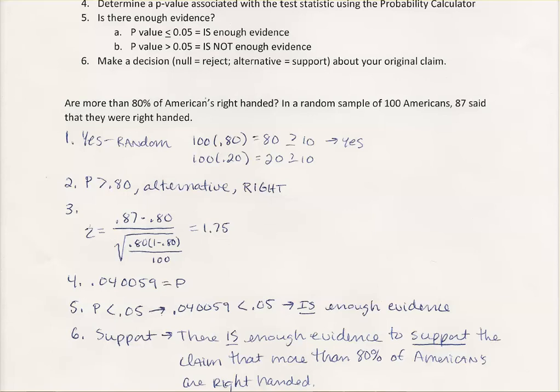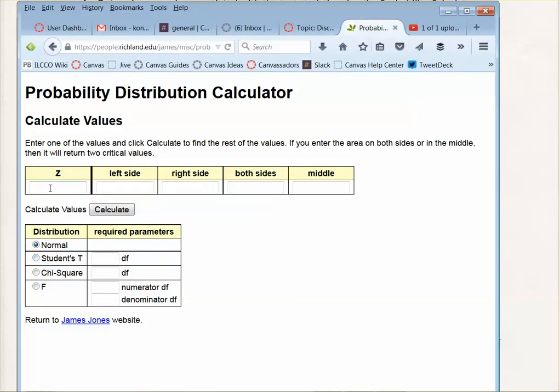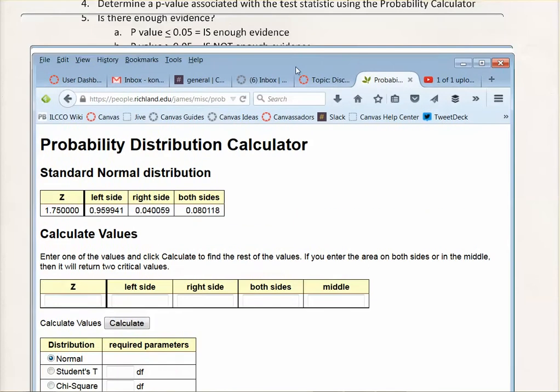Well, that's when we go and take it into our probability calculator. So here we go, probability calculator. We're going to do 1.75, click calculate. Okay, so now what are we looking for?